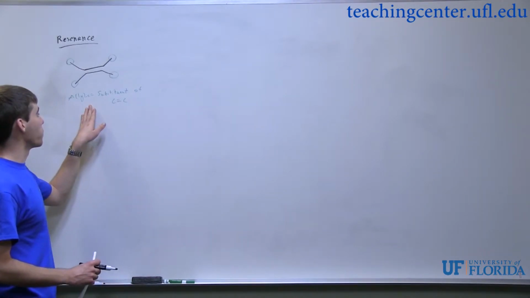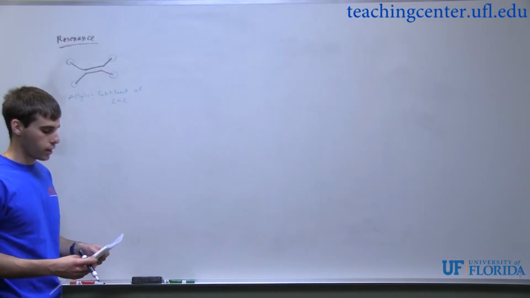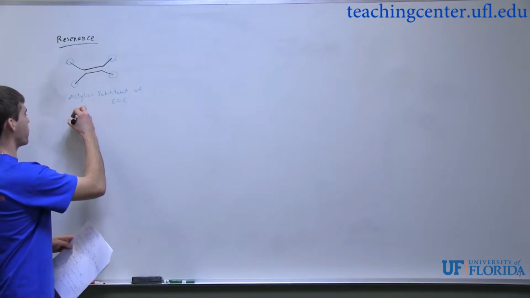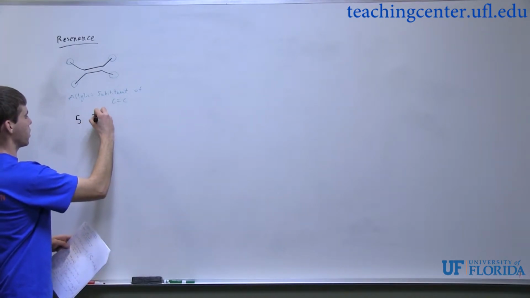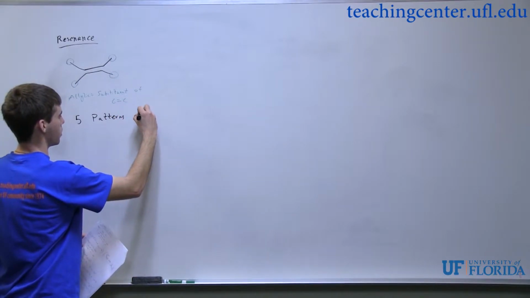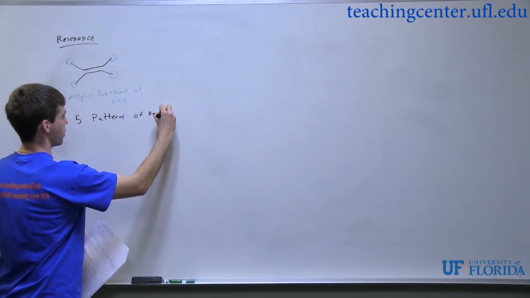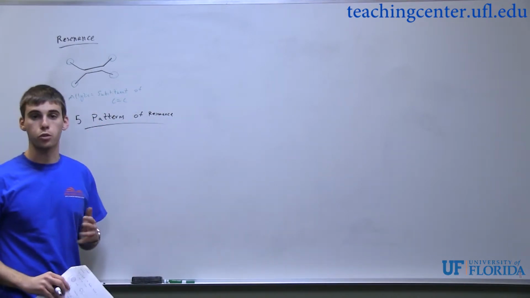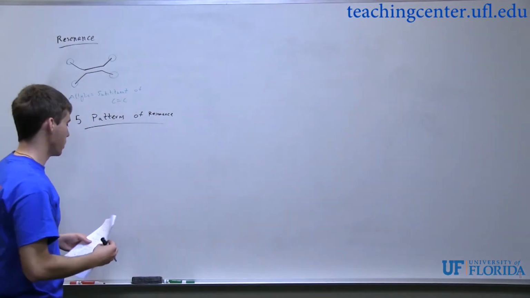So I've left here what the allylic position is just so we can keep that in mind. That's going to be really important for our discussion here. So 5 patterns of resonance. And there's four that are really, really important. The fifth one will be really important in organic chemistry too.